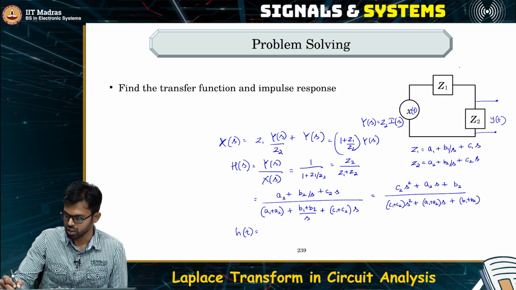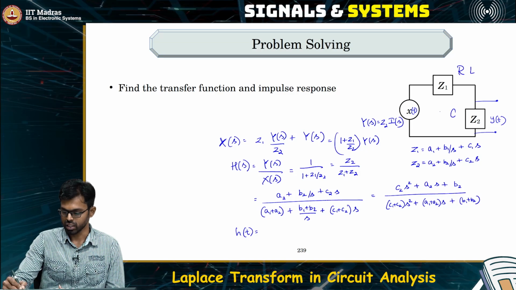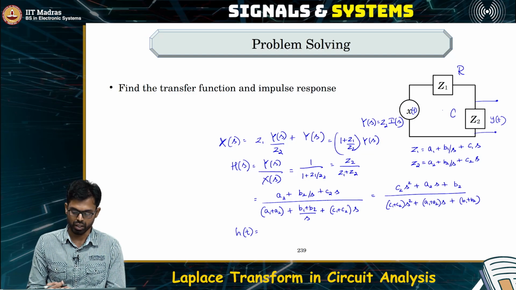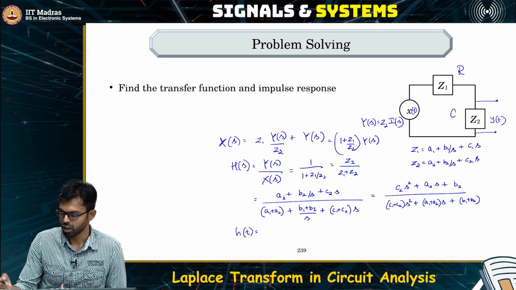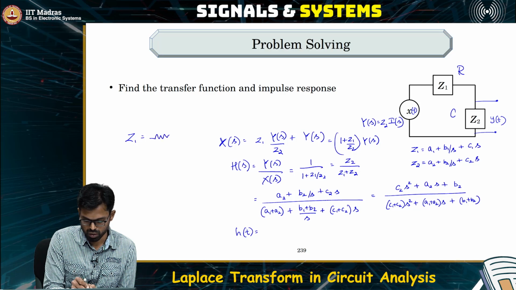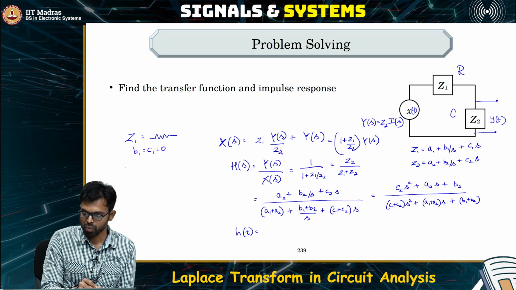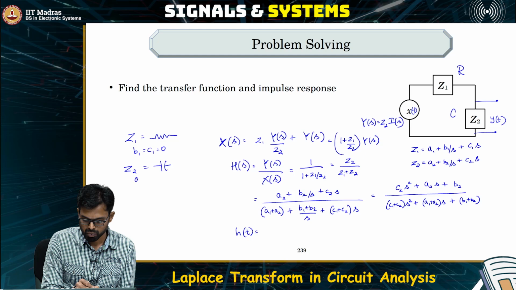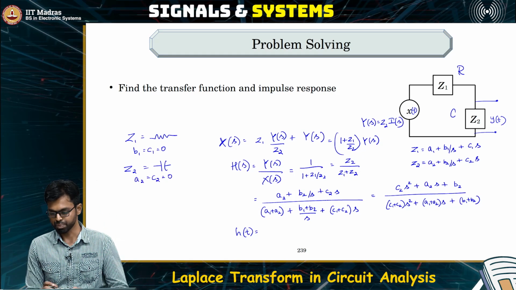What if this was R and this was C? Now, you can change this to L and C, whatever you want. We'll just take R and C so that we can compare with what we got earlier. So, if this was R, then for Z1 equal to a resistor, we have B1 equal to C1 equal to 0, and for Z2 equal to a capacitor, we have A2 equals C2 equals 0.